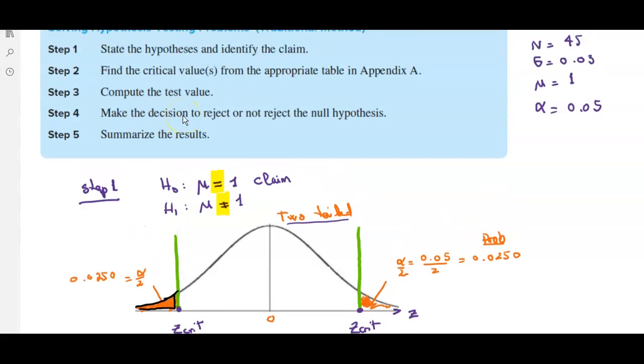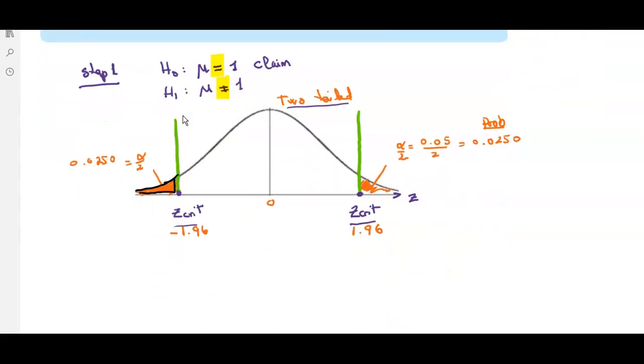In the second step, we find the critical values from the appendix. So step 2, we get the alpha equals 0.05. Because we have two tails, we get the alpha over 2, which is 0.0250.